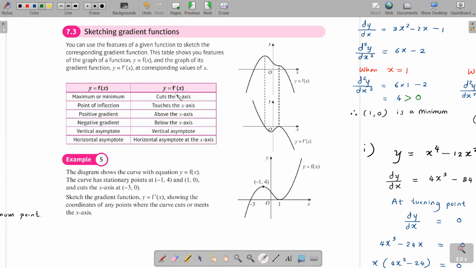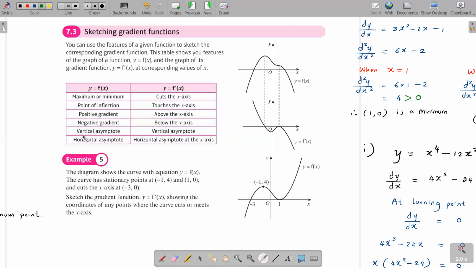Basically, f dash x is the y-axis here, so the gradient values are sketched as the y values. So whenever you have a positive gradient, the gradient graph is above the x-axis. And when you have a negative gradient, f dash x is less than 0, so your gradient graph will be below the x-axis.